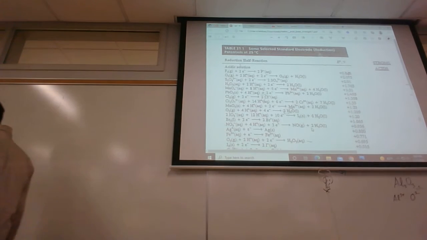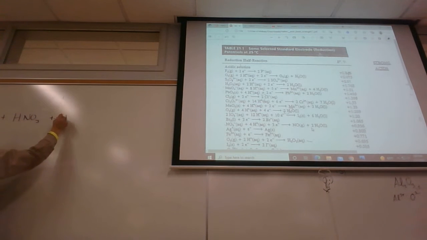But it turns out that you can dissolve gold with nitric acid and a little bit of help. And so if you have some nitric acid and you add some hydrochloric acid to this, in a 1-to-3 ratio, then you're able to dissolve gold. And so how does this work? Well, the first thing is, this is called aqua regia here.